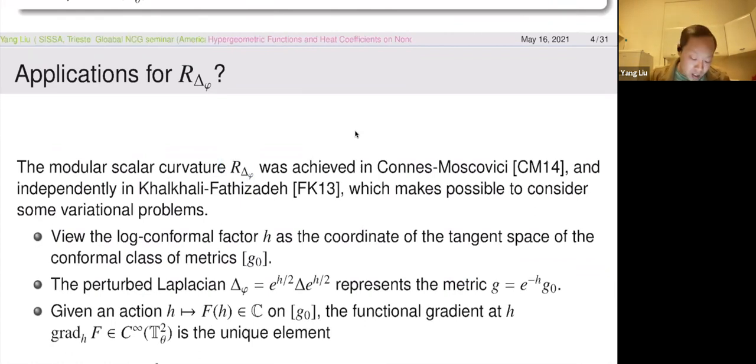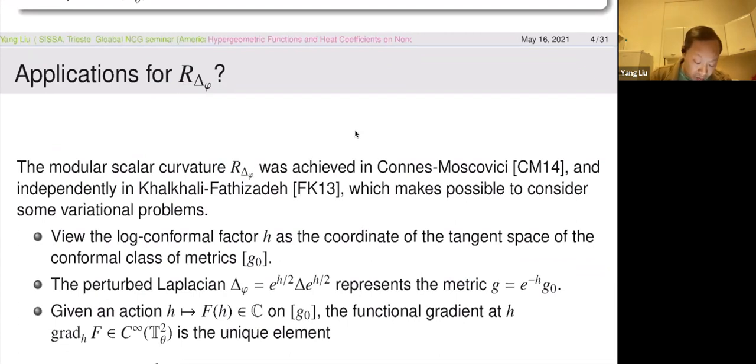So he and Henry started to think about, okay, can we do more? Since we have more information, what can we do once we have this full information of the modular scalar curvature?